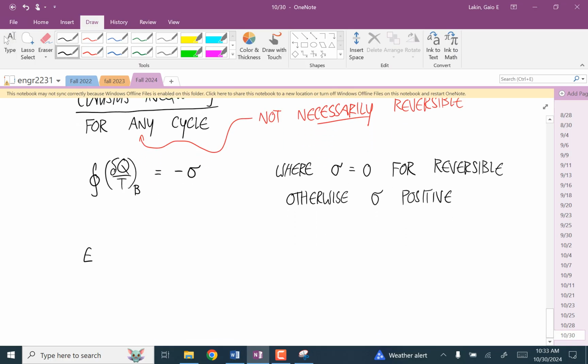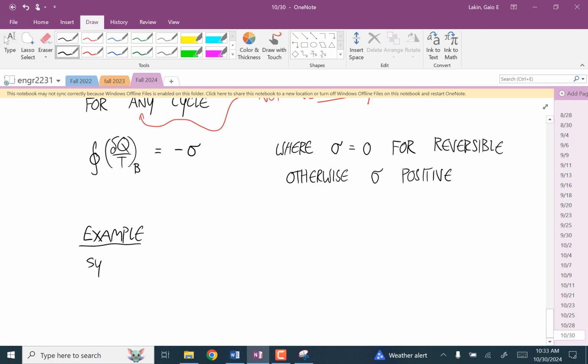Okay, so let me do an example of the kind of problem you'll do for the Clausius inequality. Let's say that a system operates a power cycle.